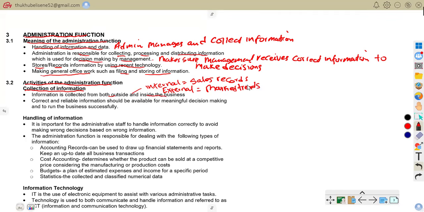For example, getting customer feedback. That is the external one that we're talking about.